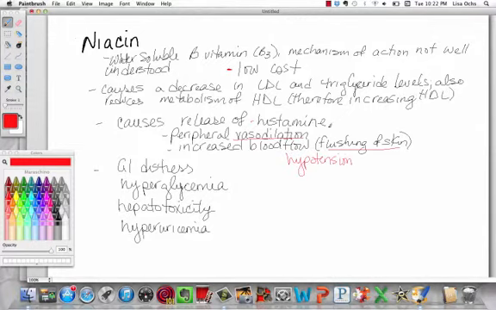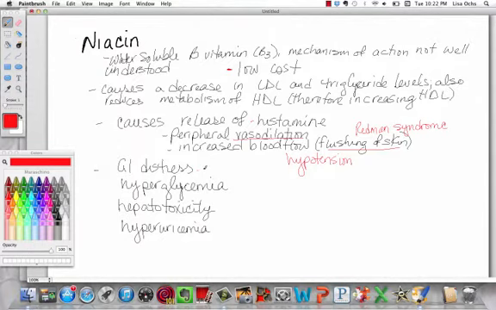There's a significant reaction that occurs with niacin called red man syndrome. If you look up niacin reaction on the internet, you'll find red man syndrome along with that. It's pretty significant, and it has to do with that histamine release. GI distress goes along with most of these antilipidemic drugs.